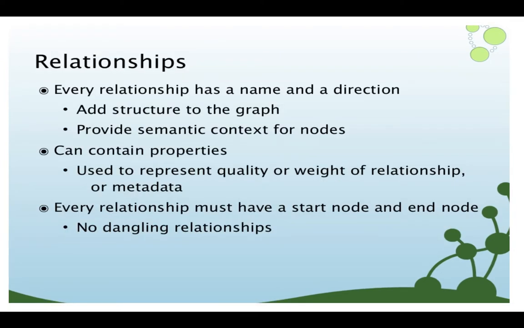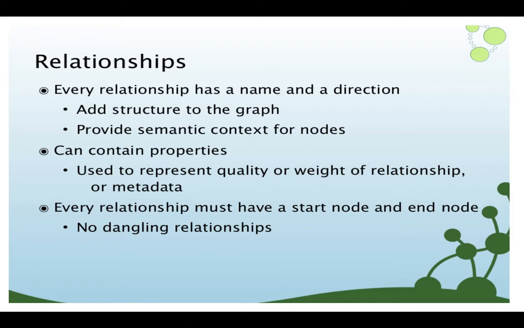So the next thing we have is the relationship. Every relationship has a name and a direction, which adds a structure to the graph and provides semantic context for nodes. Relationships can contain properties used to represent quality or weight of the relationship, or metadata.